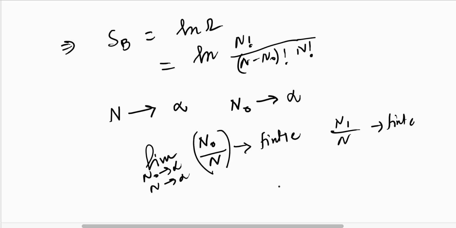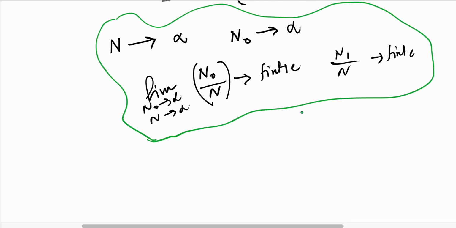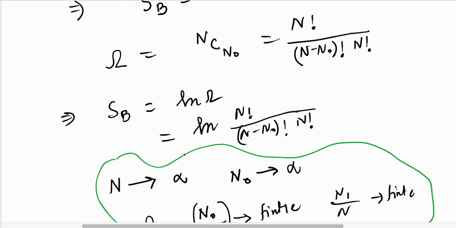Here also that. So this is called the thermodynamic limit. Okay, so this is the Boltzmann entropy.